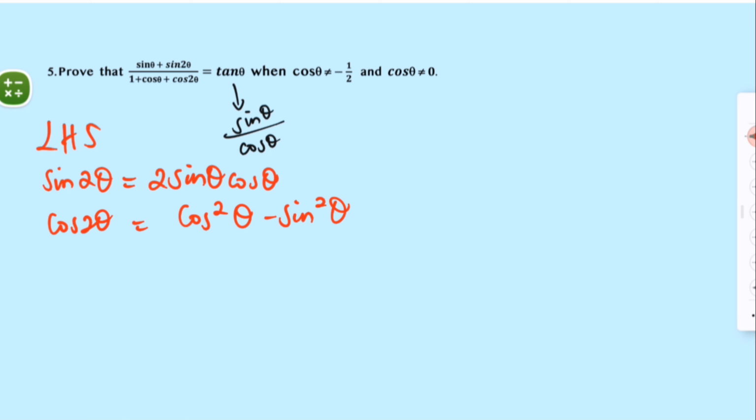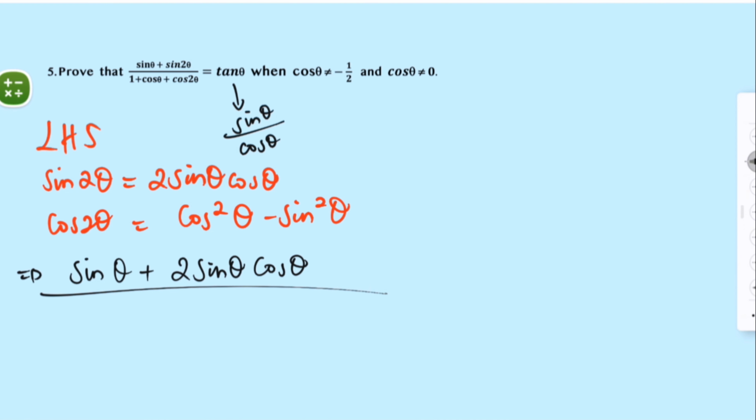I'm just going to substitute these. Nice and easy. So this would imply sine theta plus 2 sine theta cos theta divided by 1 plus cos theta plus cos square of theta minus sine square of theta.